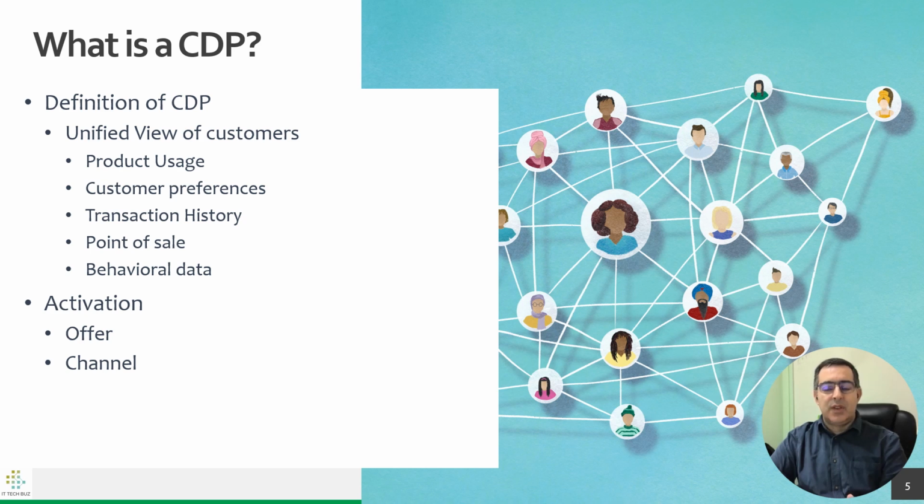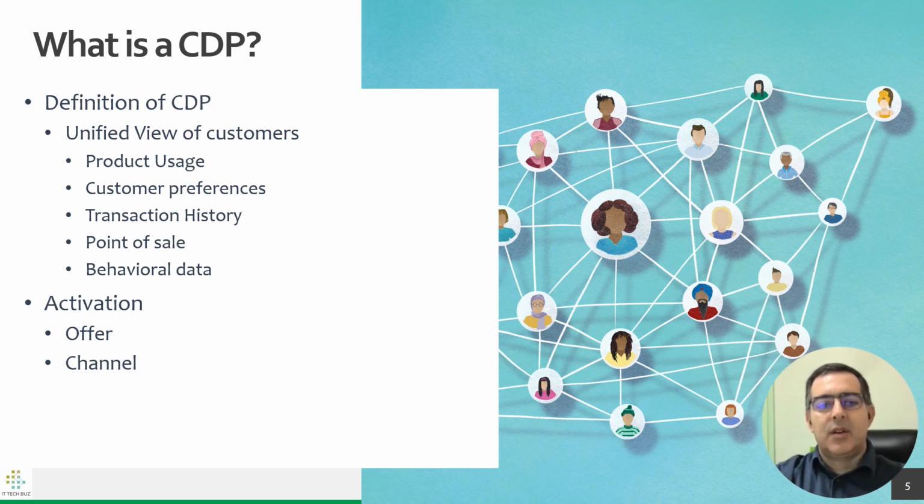What you can see is the unified view of the customer. This is the main thing about the CDP. Why? Because nowadays you have different data silos across the organization, and all of this is done by different departments, and the data is all around the organization.